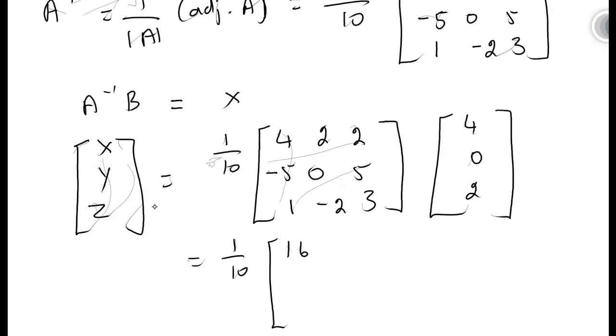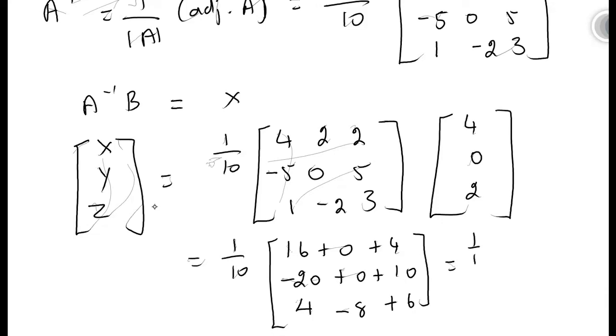That would give you 4 fours are 16 plus 0 plus 4, which is 20. Then minus 20 plus 0 plus 10, which is minus 10. Then 4 into 1, 4, minus 0, plus 6, which is 10.